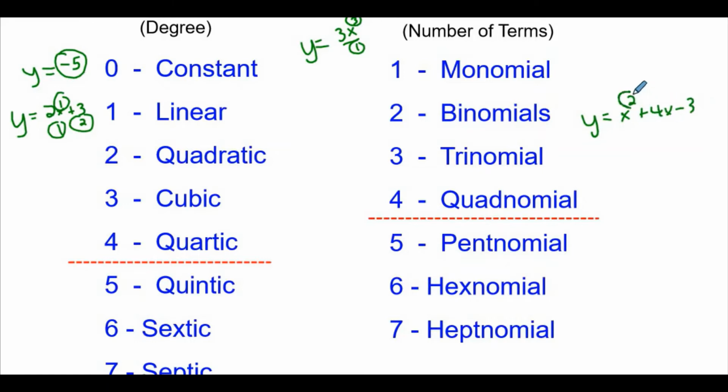This would be called a quadratic, and then 1, 2, 3 terms. The technical name for the chapter that we learned previously, this would be called a quadratic trinomial, as opposed to last chapter if we had something like this, this would be a quadratic binomial.